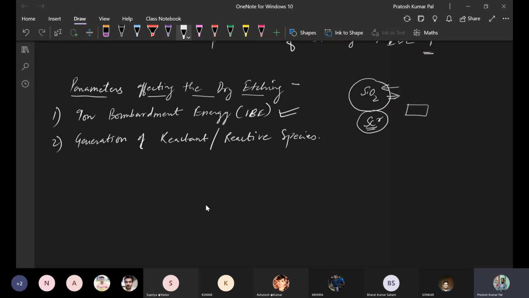So here ion bombardment energy is required based on the application. Either we will be using less energy or high energy. In dry etching, there are some mechanisms that we need to follow, or basically whatever techniques there are in dry etching, we will be using either of these mechanisms.